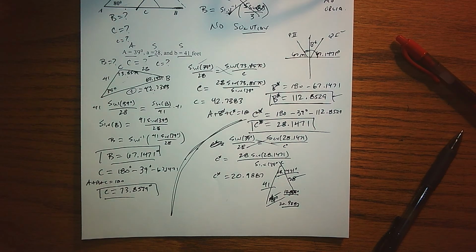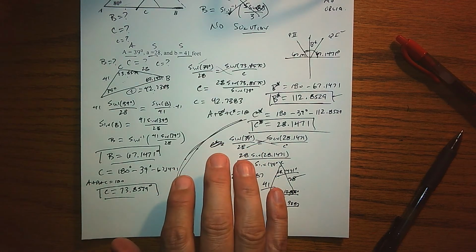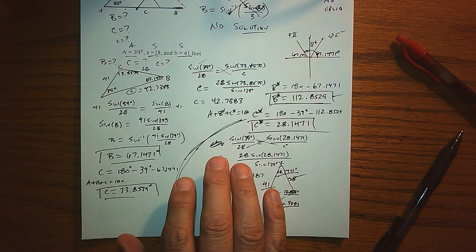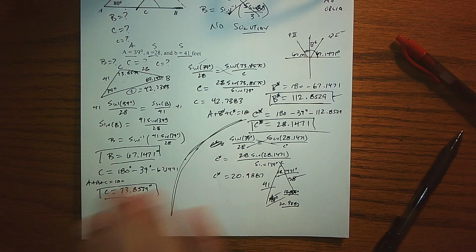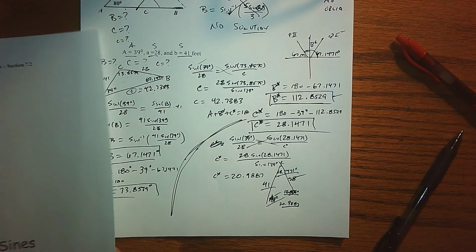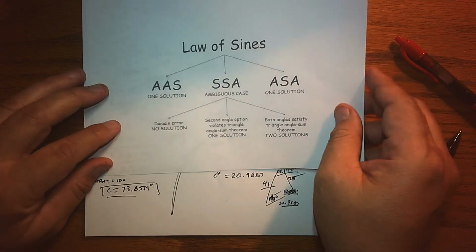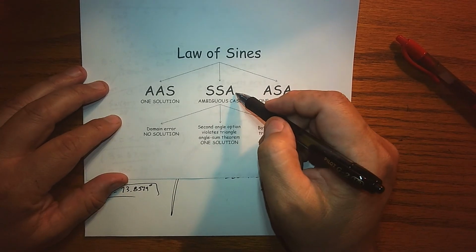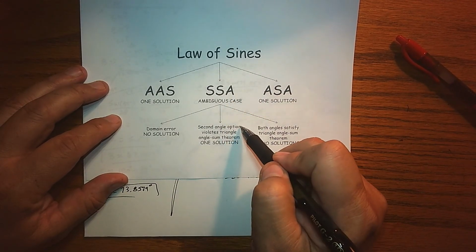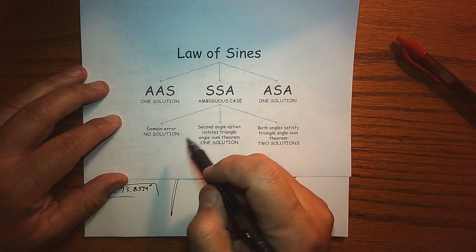All right, so again, work cut out for us. Again, to kind of summarize what we had, gosh, where was that? I had a nice little flow chart. Oh, here it is. So to summarize this in a flow chart, and you'll see this one more time, if we have an SSA, there is a possibility of having no solutions, right?